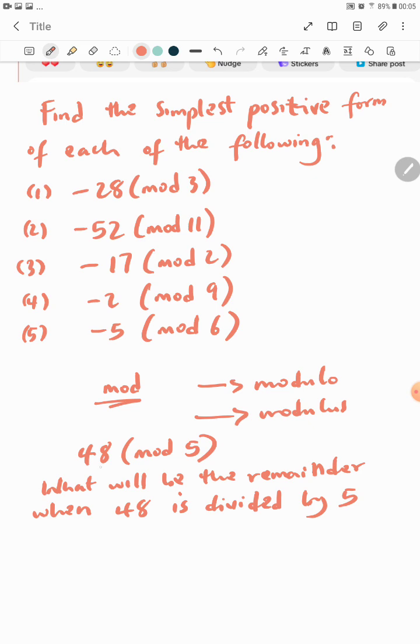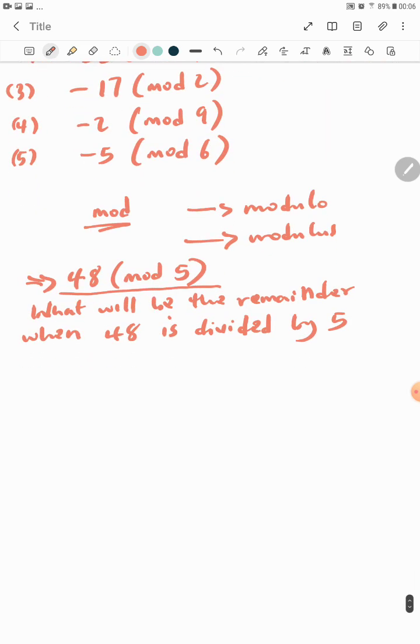We pronounce this as 48 mod 5, because we don't want to pronounce modulo or modulus in full. What it actually means is 48 modulus 5, and the interpretation in simple terms is what will be the remainder when 48 is divided by 5. So let's try to practicalize that.